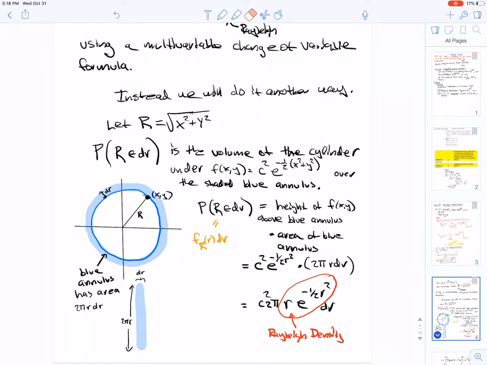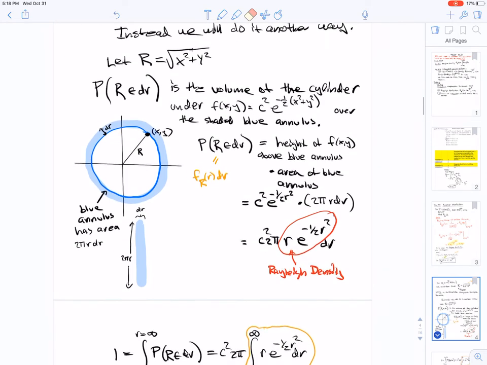We have, in the blue annulus, x squared plus y squared is r squared, and then the area of the blue annulus is 2 pi r dr. I've tried to illustrate that here.